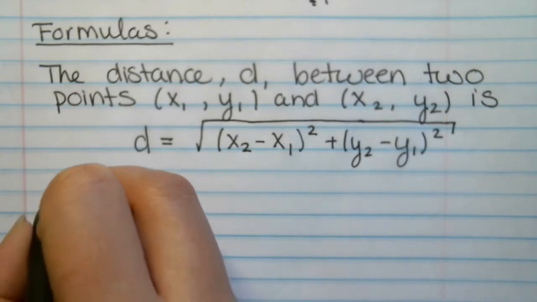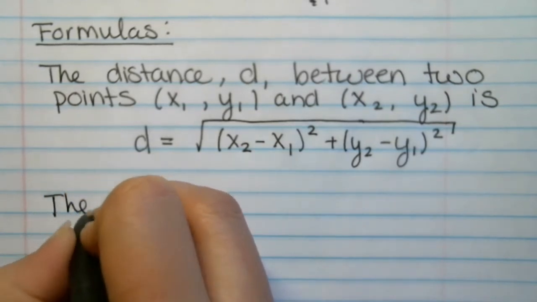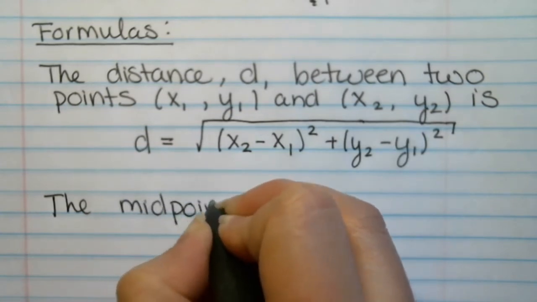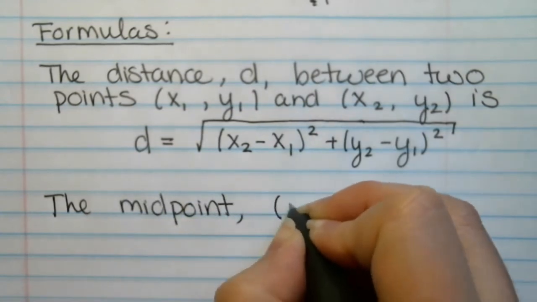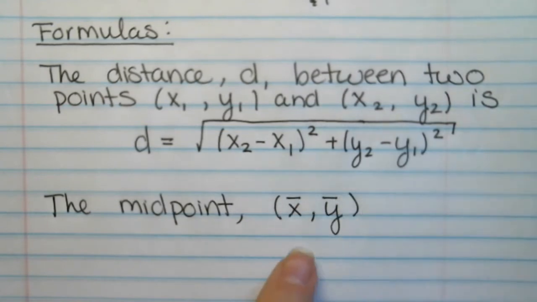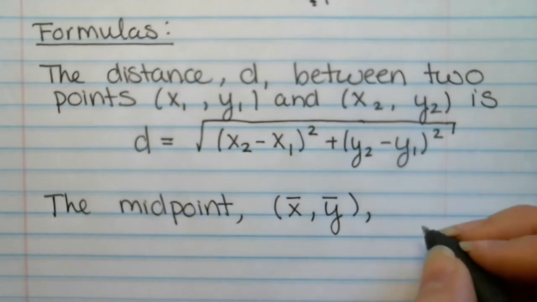Now let's look at the midpoint. Okay, which we use the notation x bar and y bar. Now, if you've seen this bar notation before, you know that it stands for the average. Well, the midpoint is the average, so that's why we use the same notation.